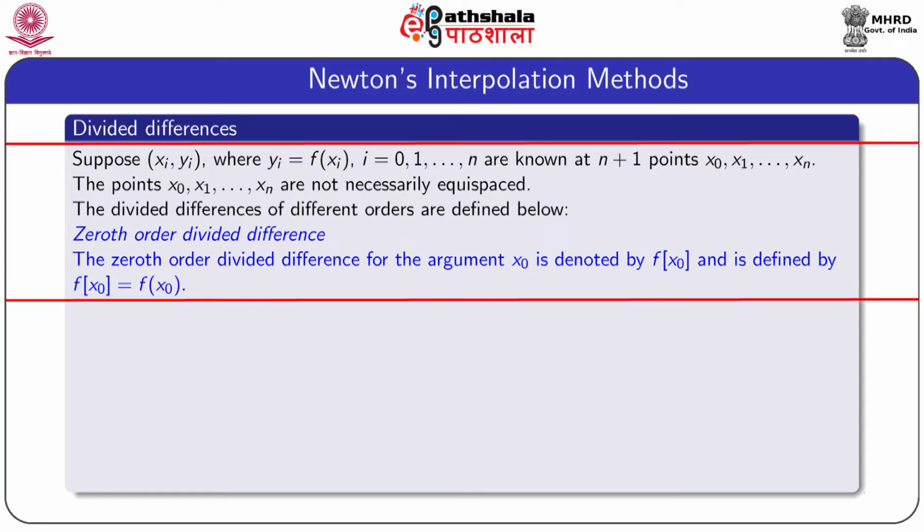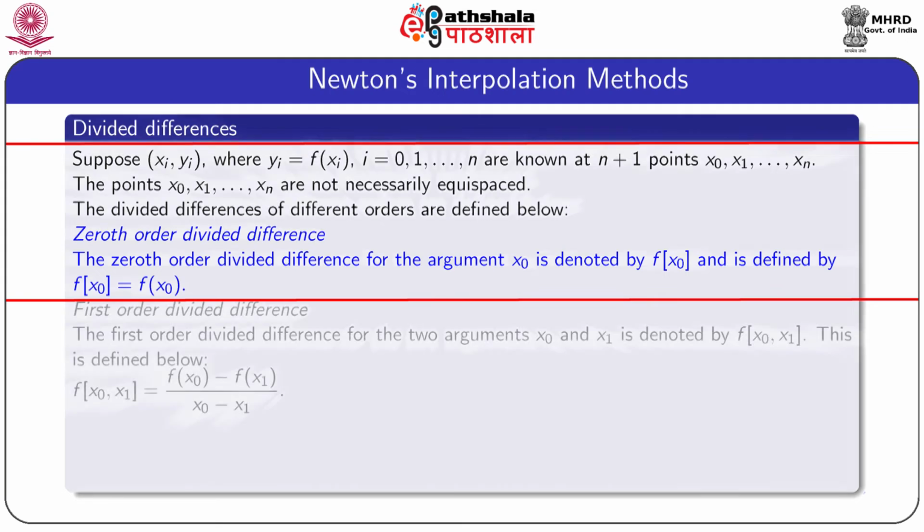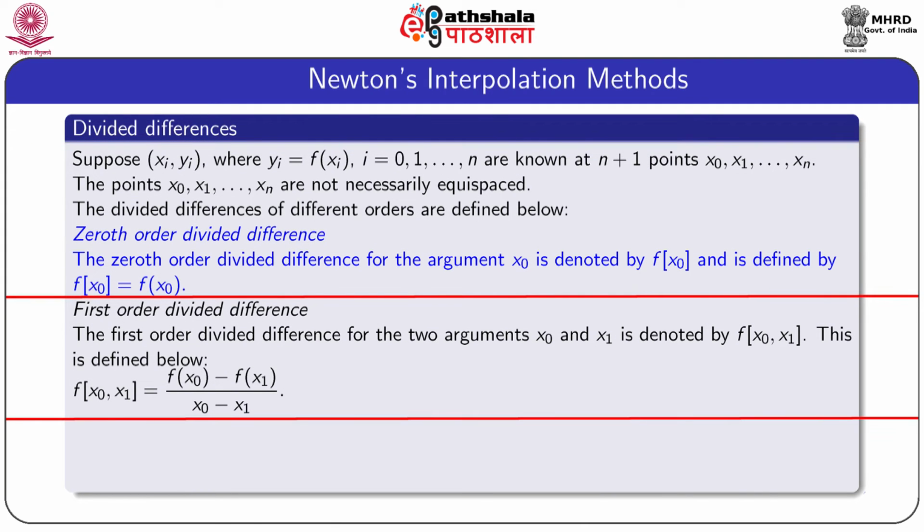The zeroth order divided difference for the argument x0 is denoted by f[x0] within square brackets. Some authors use parentheses to represent the divided differences, and it is defined by f[x0] equal to f of x0. And the first order divided difference is defined by f[x0, x1] equal to (f of x0 minus f of x1) by (x0 minus x1).